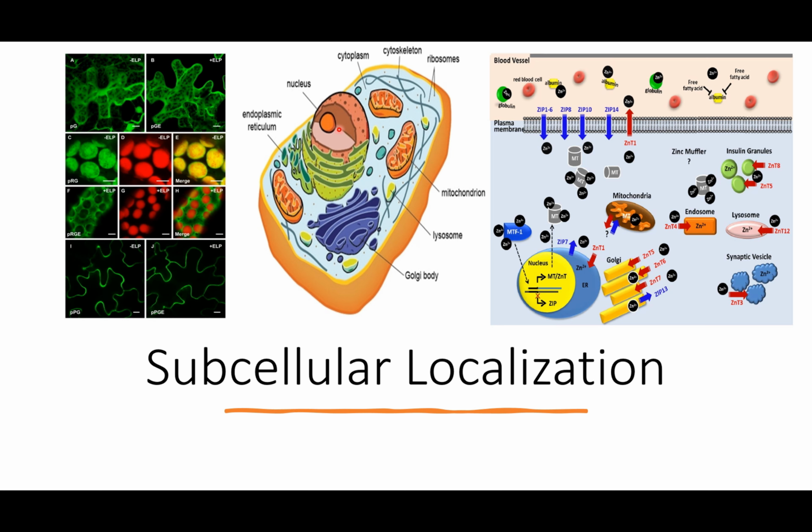The genomic DNA is in the nucleus, and after the transcription, the messenger RNA can be translated outside of the nucleus in the cytoplasm and in ribosomes. After the protein is synthesized in ribosomes, it can be delivered to different compartments like mitochondria, Golgi, chloroplast, and vacuole.